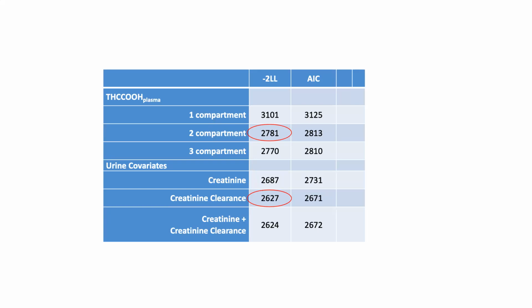And when added together, we got only a minor decrease, and it's not significant. So creatinine clearance was chosen as the most significant covariate for carboxy-THC clearance into the urine.